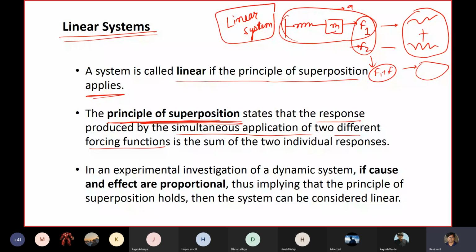Okay, so this is a more realistic way to see how the principle of superposition works in an experimental investigation of a dynamical system: if cause and effects are proportional, that implies the principle of superposition holds. Okay, what if this mass were a function of time?